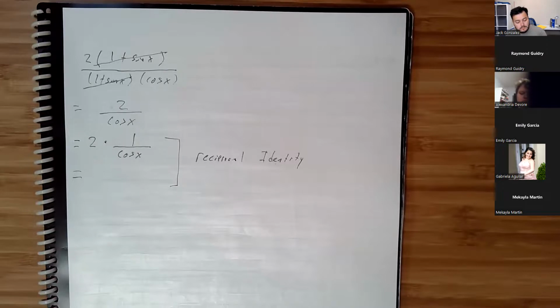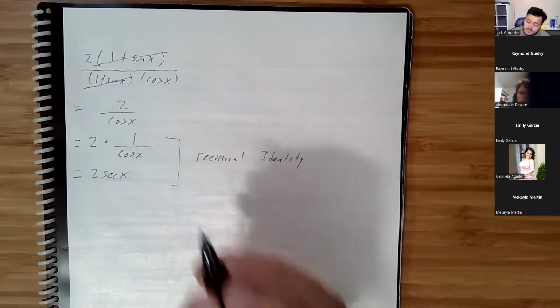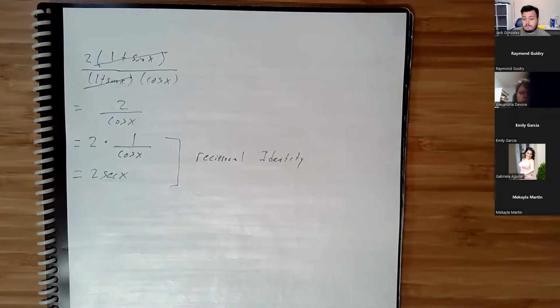Yeah, it's going to be secant. And that's it. We're done. 2 secant. So all that nonsense was just 2 secant.